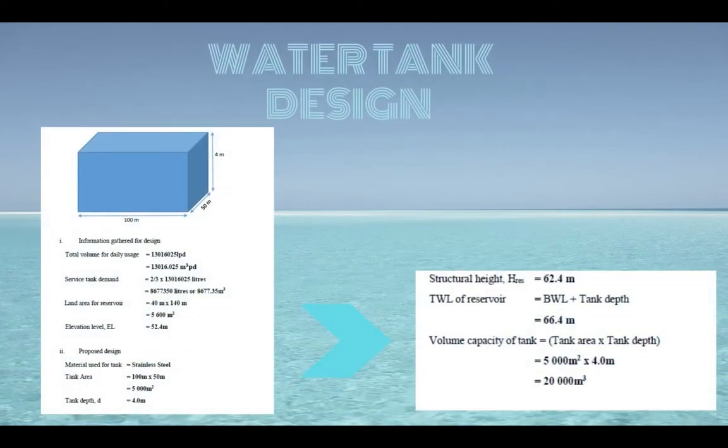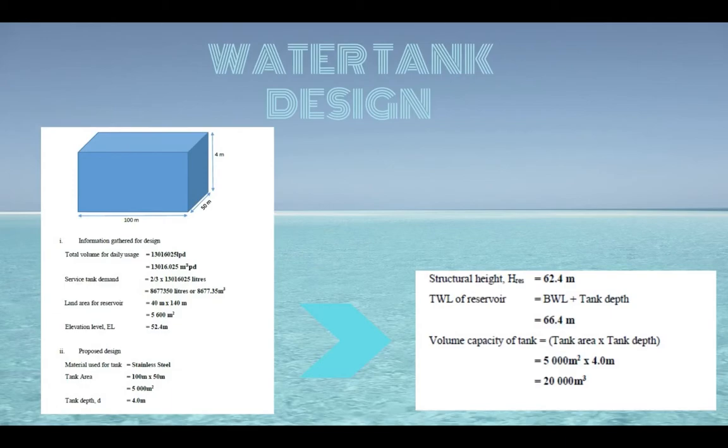After we know the residual head, the last step we need to know is to assume the water tank design. We need to design the water tank for the total volume for the daily users in each house. So we need to calculate the tank area.